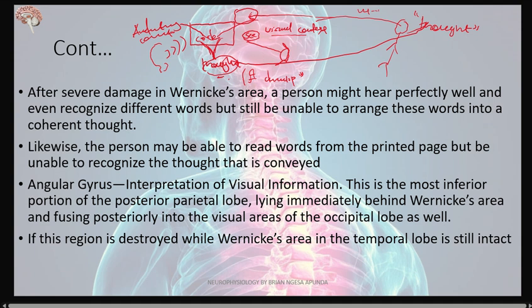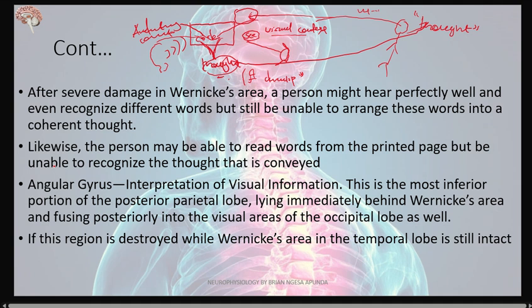So if this region is destroyed while Wernicke's area in the temporal lobe is intact, you might be able to understand only verbal language and not the written form.